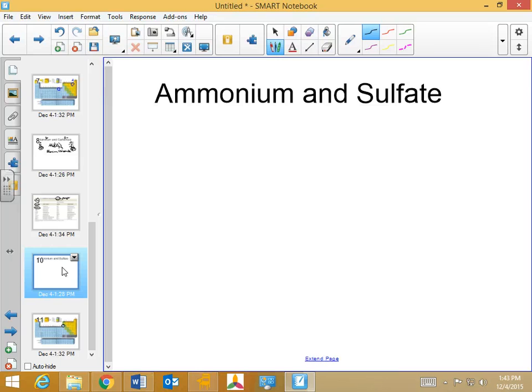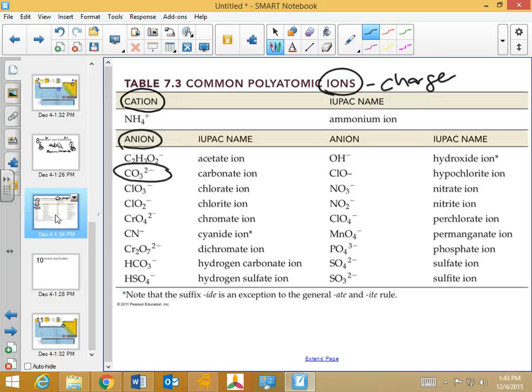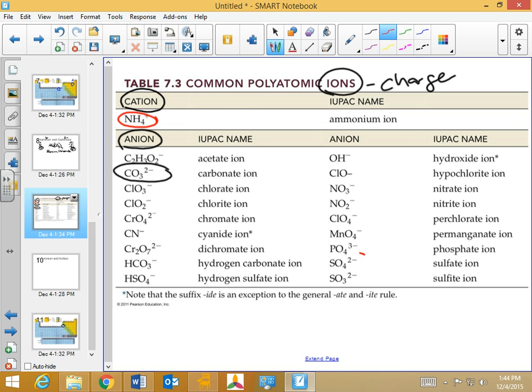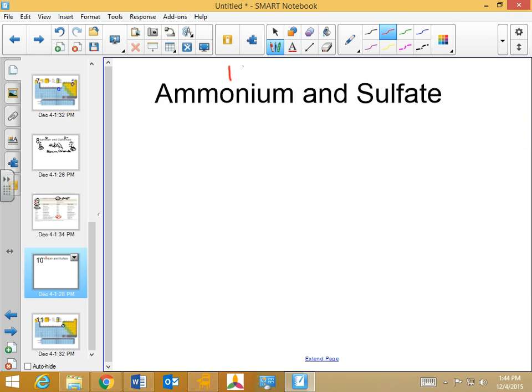Last but not least, with ammonium and sulfate. Here are 2 polyatomic ions coming together. So ammonium, like we said, is up here, our NH4 1+. And we're going to combine that with sulfate, and sulfate is here, SO4 2-. So this is a 1+, and this is a 2-.